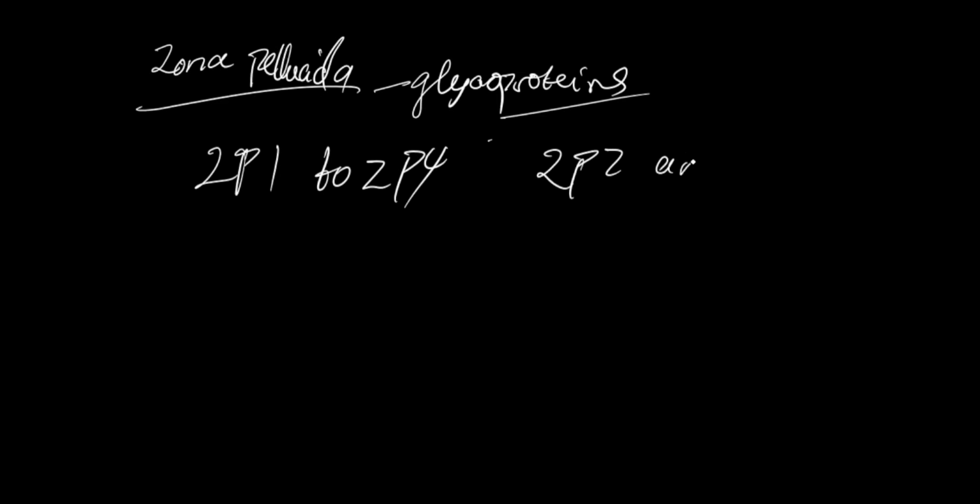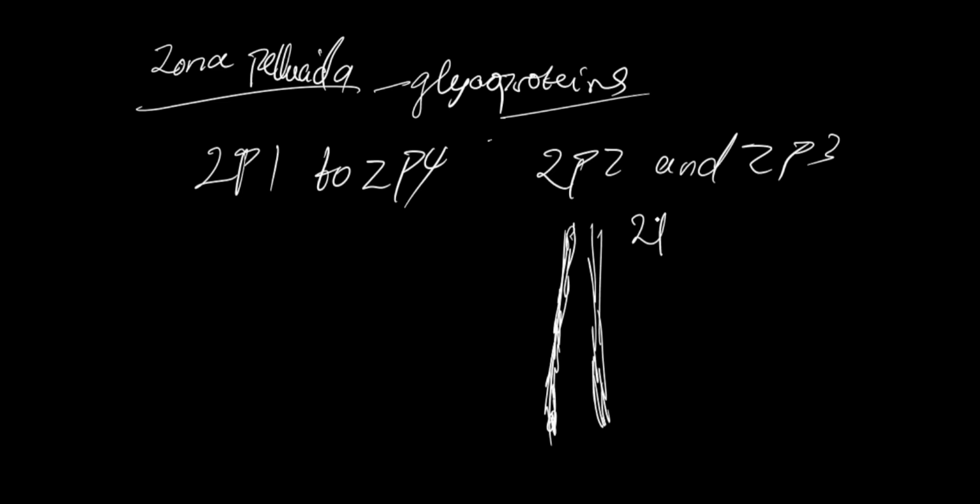ZP2 and ZP3 of the zona pellucida form long filaments. So they form this long lattice network of filaments, and ZP4 and ZP1 form cross bridges between the filaments. So something like this would be ZP1 and ZP4.